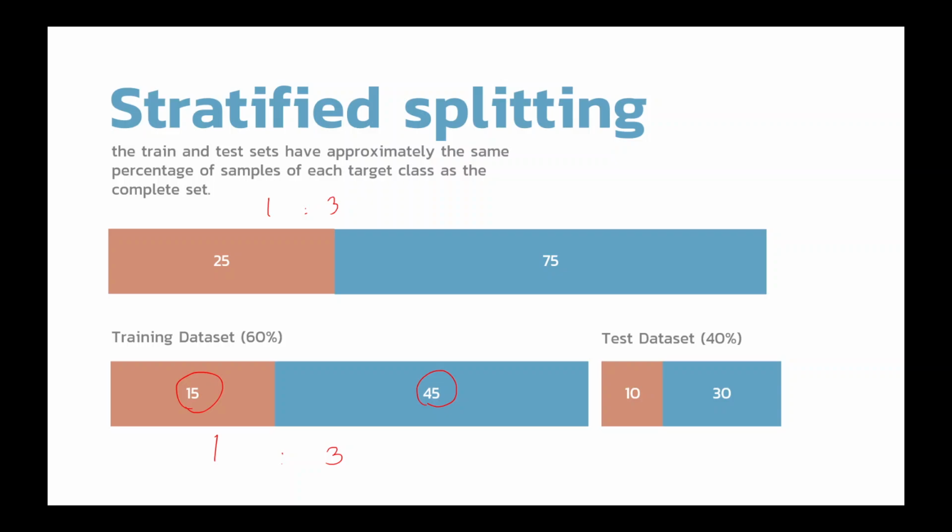And for the test data set, which is 40 rows, given that we have 100 rows of data, you're going to have 10 rows from the red class and 30 rows from the blue class. So the class distribution is 1 to 3 again, right? So stratified splitting is so that the class distribution among the train and the test data set is the same.